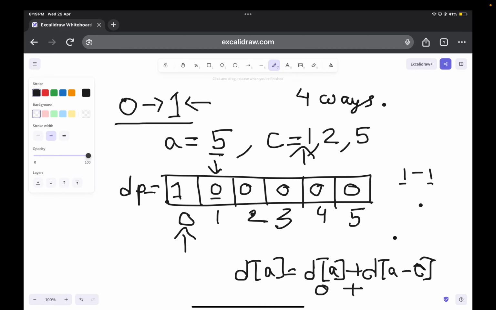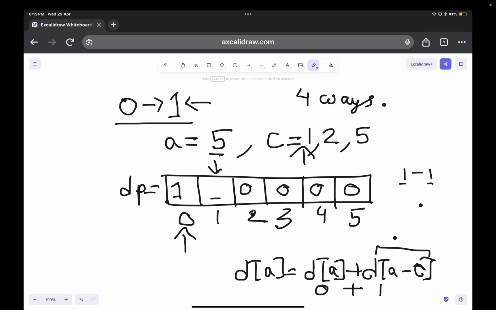What is dp of 0? It is 1. So 0 plus 1 is 1. So my way is 1. Are you understanding?